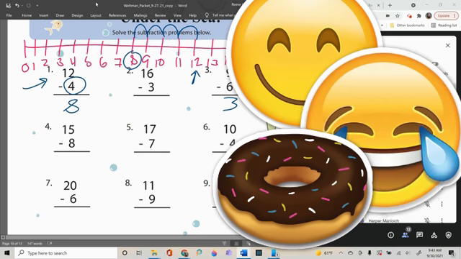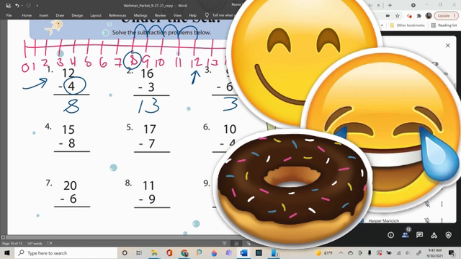I want to do it. Okay. What do you have? 16 minus 3 equals... Mason, tell us. 16 minus 3 equals 13. That's right, and I think that's what Ray said too. So that's good. You guys knew it.